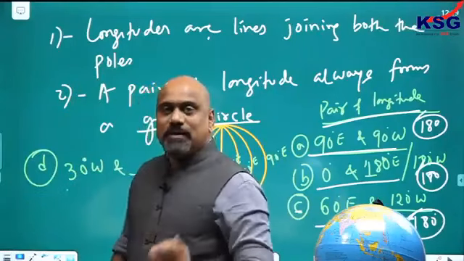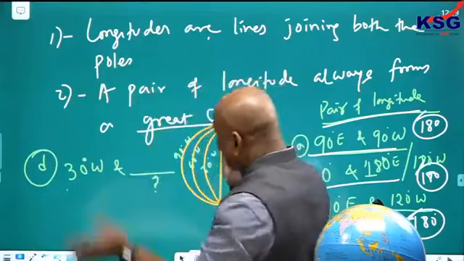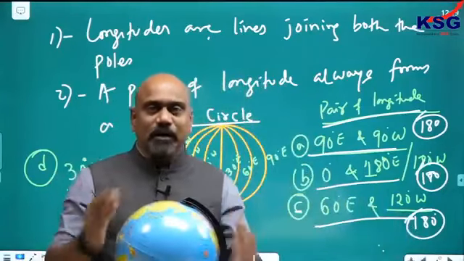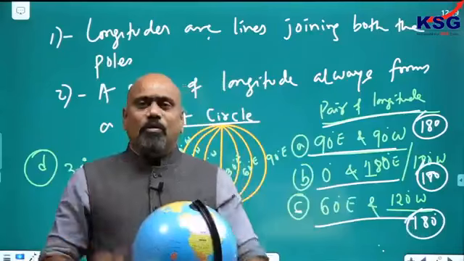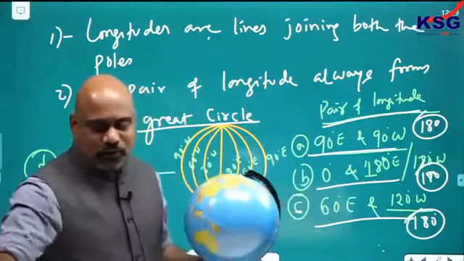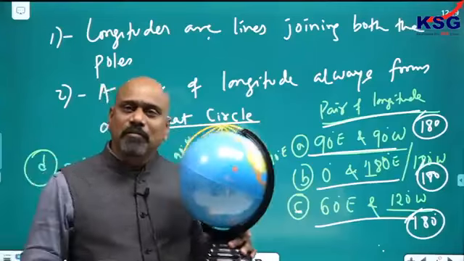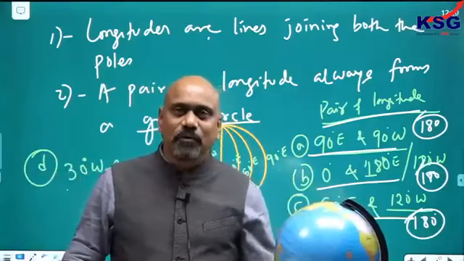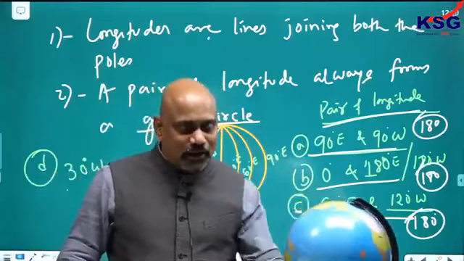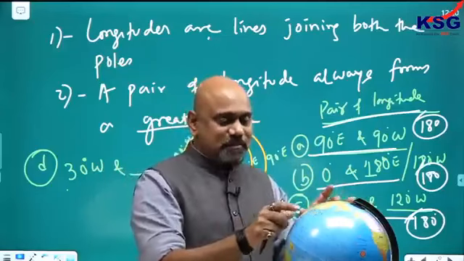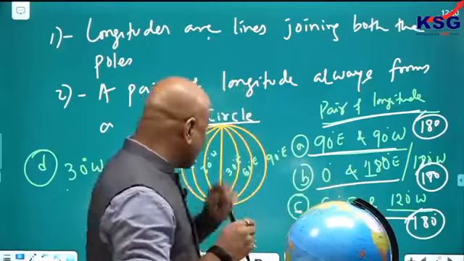As I just mentioned about the pair of longitudes, now why is it important for us to have the longitudes? What is the role of longitude? The spacing between the longitudes decreases from the equator to the pole.